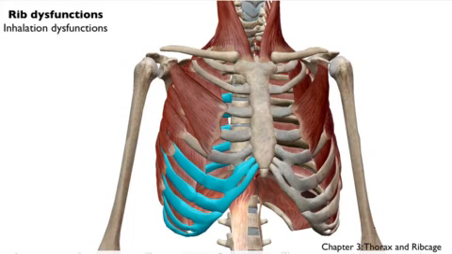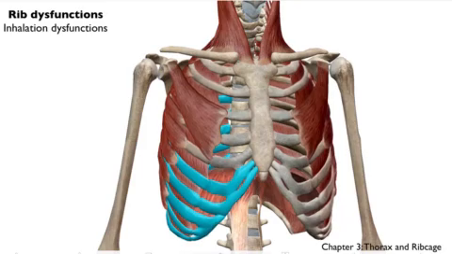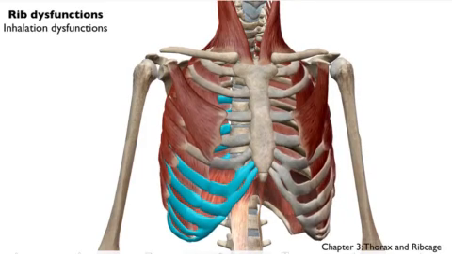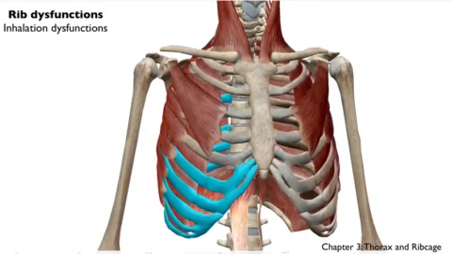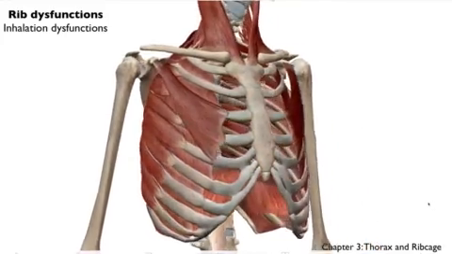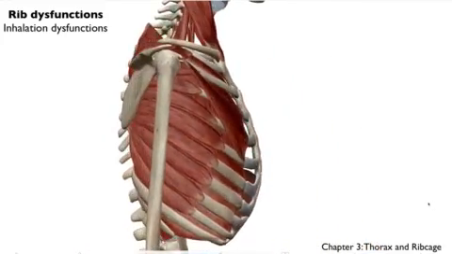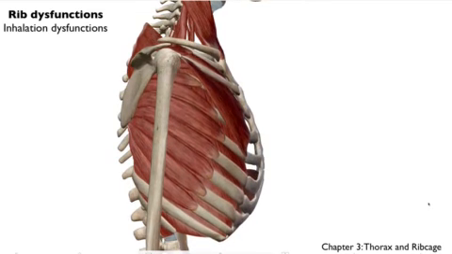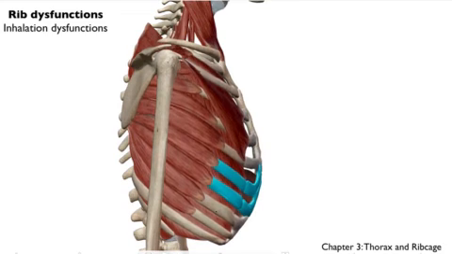When they're moving in with respiration, they're going to move in a bucket handle. It's like lifting the handle of the bucket up. Now, the only way we're going to appreciate this is to move this animation laterally, so we can appreciate the bucket handle motion of rib 6 to 10.